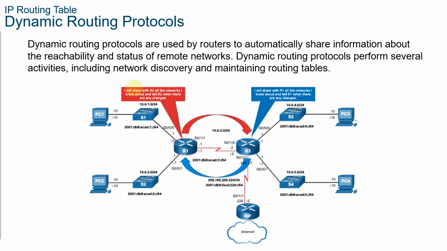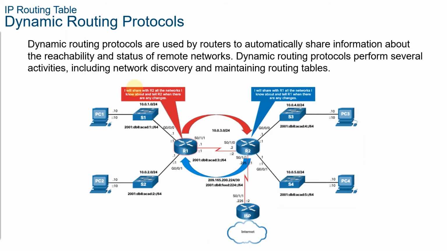Important advantages of dynamic routing protocols are the ability to select a best path and the ability to automatically discover a new best path when there is a change in the topology. Network discovery is the ability of the routing protocol to share information about the networks that it knows about with other routers that are also using the same routing protocol.